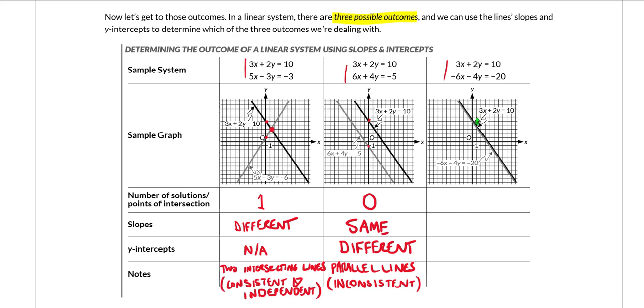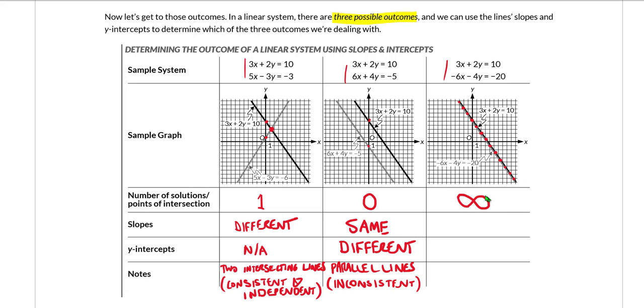Finally, we have this third system over here on the right, this third possible outcome where every single point along one of these lines or the other is going to satisfy the system because these 2 lines are exactly the same. So we have an infinite number of solutions. These 2 lines are the same, which means they share all of the infinite points on each line.